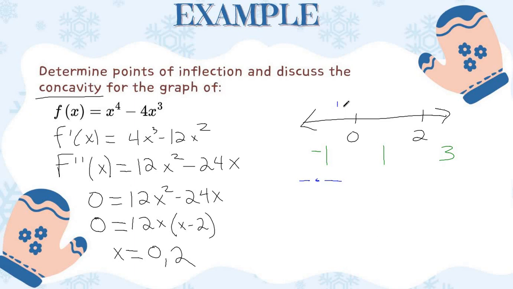Now when I plug in 1, 12 times 1 is going to be positive this time, but our 1 minus 2 will still be negative. So overall we would have a negative.